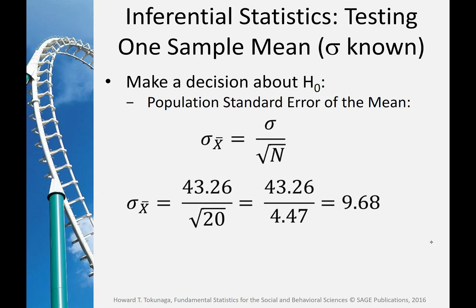Okay? So the larger your sample size, the smaller your standard error, which is what we're trying to do, right? We're trying to have a small amount of error because of our sample size. Sample size is good. Bigger the better.